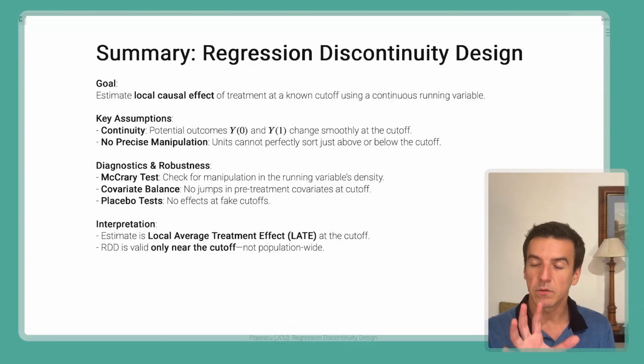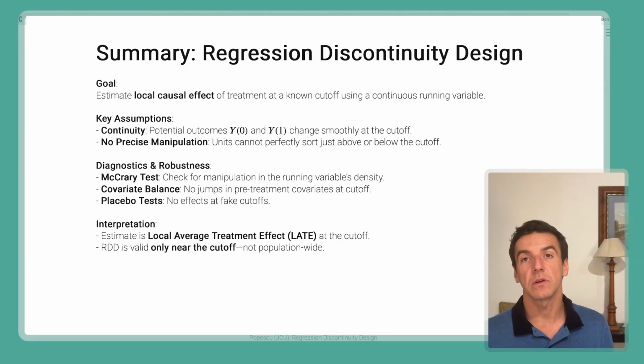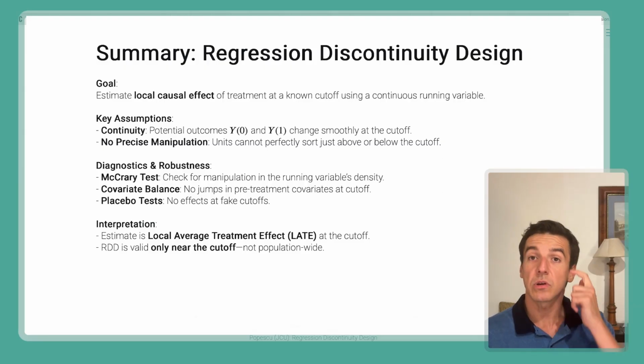So when we get the RD results, we're fundamentally getting local average treatment effects, or LATE, at the cutoff. It's also important to note that RDs have very good internal validity, but they have very low external validity. So researchers always have to reflect on the extent to which their findings apply to other samples.